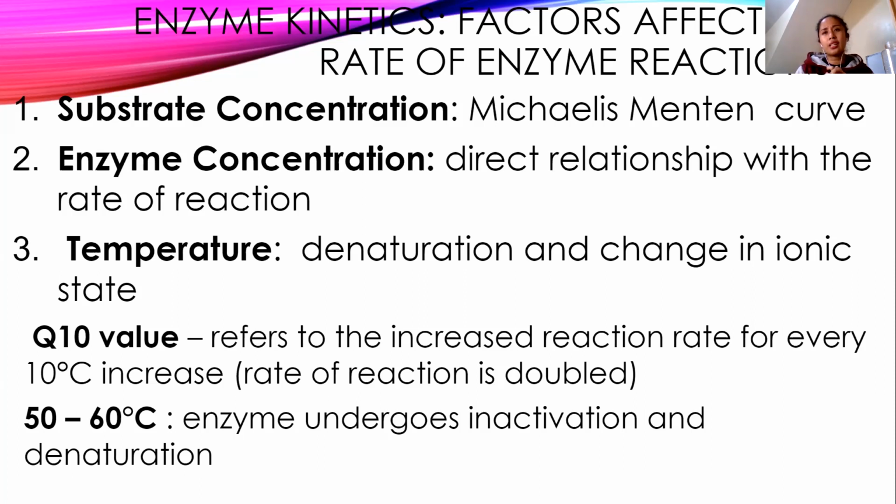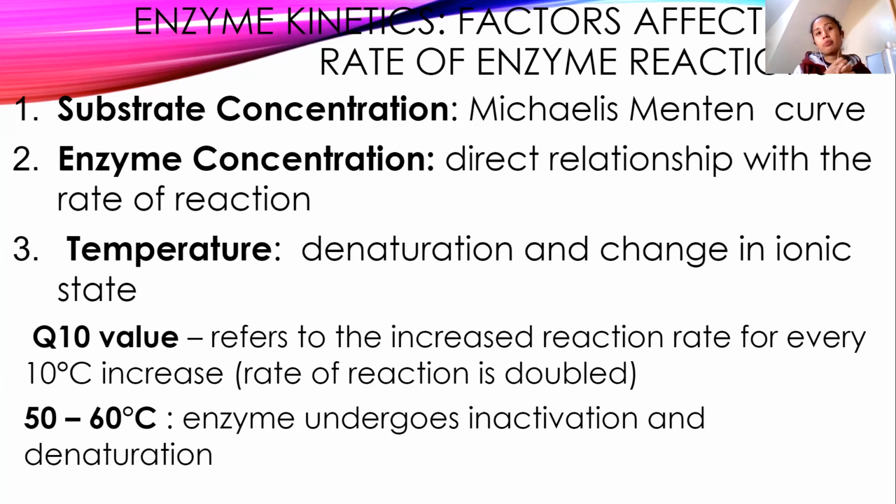Next class, we have enzyme concentration. Class, it has a direct relationship with the rate of reaction. If you increase your enzyme concentration, the rate of the reaction increases as well. Very basic. Next class, temperature and pH.